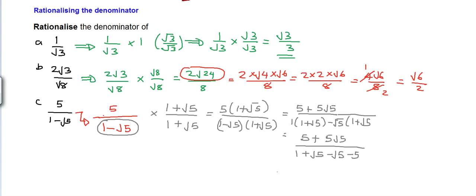Okay, so simplifying, we have 5 plus 5 root 5 over, well, we have 1 here, these two cross out, minus 5.